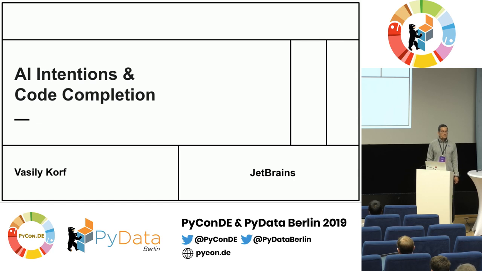I was wondering how much faster you think you can make it in the near future, because 200 milliseconds is already pretty fast, but still on the edge of real interactivity. Right, thank you for that question. It really depends on performance, because with the current model we can make it faster, but with less accuracy. Also we have other limits, such as being a web-based product, because Datalore is in the cloud.